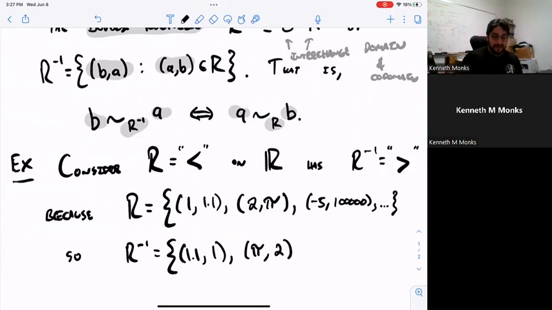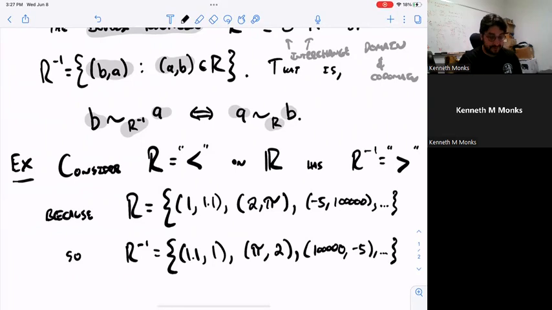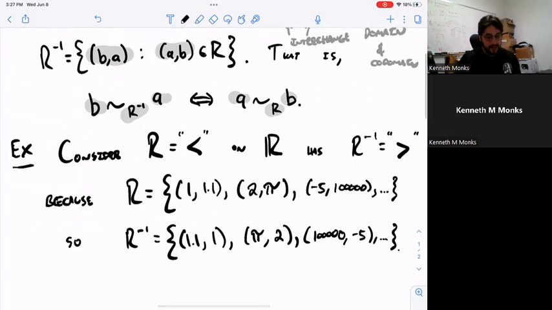Pi is greater than 2 because 2 was less than pi, and so on. So if we just reverse all these ordered pairs, we get the inverse relation.